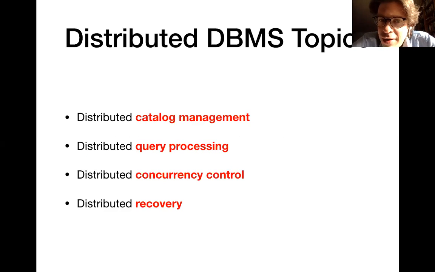Whichever variant of a distributed database system you're considering, in any case, we have to rethink all of those topics that we have discussed for single node database systems in the past lectures. First of all, we have to think about catalog management, meaning you have to have some way to keep track of which data is located where in our system and on which site.